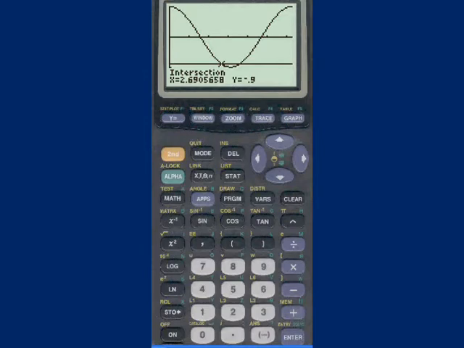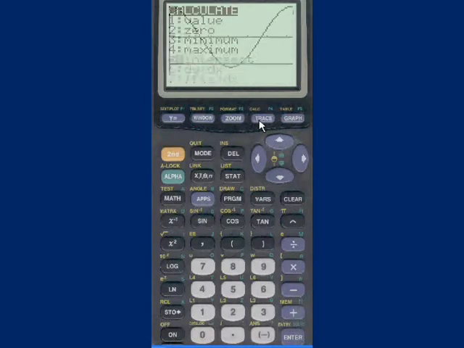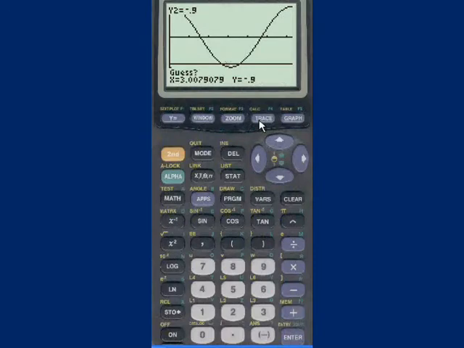I must have hit the keys too fast or something. Okay, first curve, second curve, and we'll guess it down here, which gives us 3.59. So 2.69 and 3.59 are our answers.